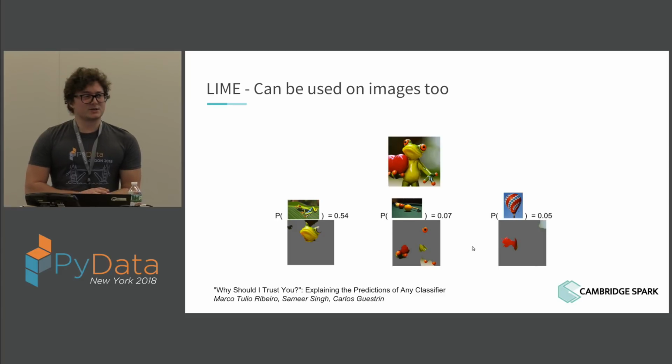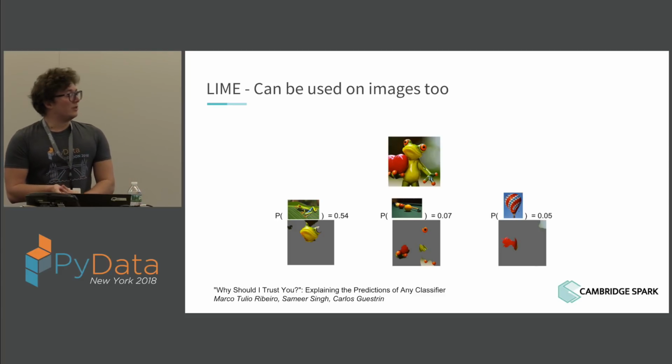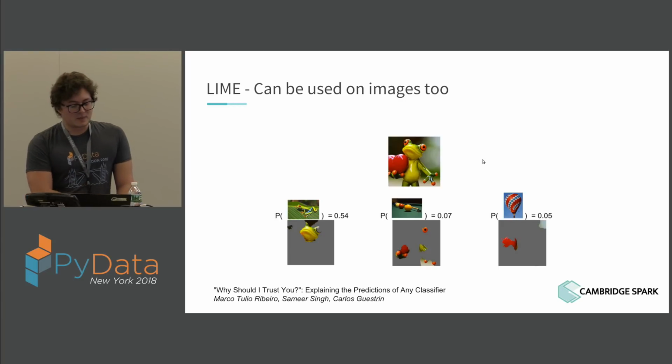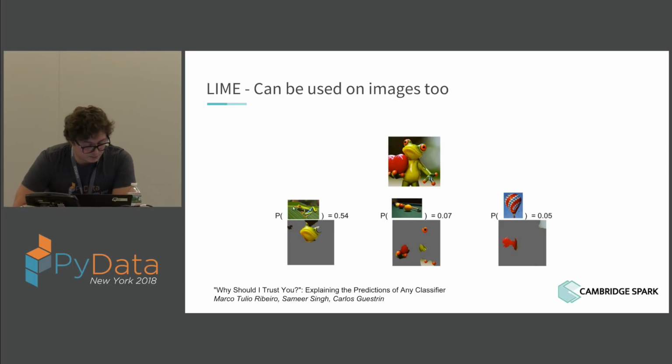It can work with images as well, and that's a really cool thing that we might do if we have time at the end of the notebook. But given an image, it can also tell you which part of the image it used to predict. So here, it predicted frog with a probability of 0.54, and it tells you that the main thing it looked at to say that it's a frog is the head here.